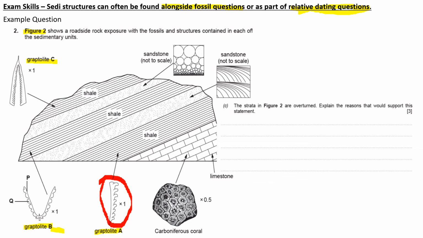So that's probably Monograptus, and there are other ones here, obviously, which we're going to be looking at. So it requires you to have other knowledge to use as well.